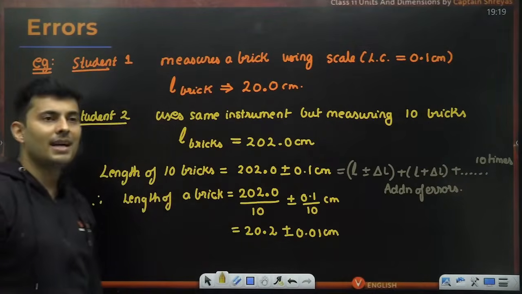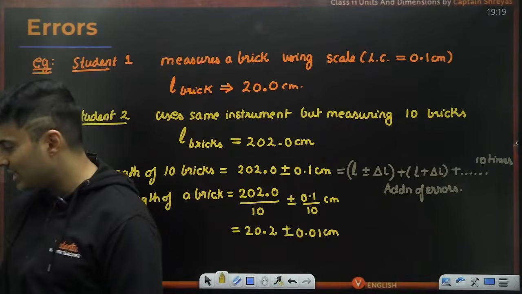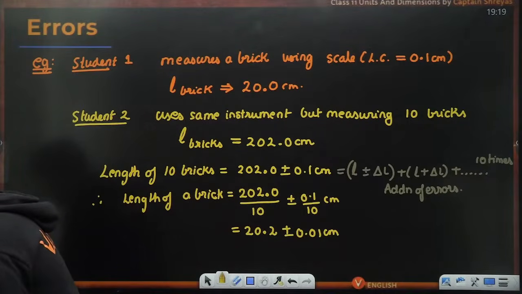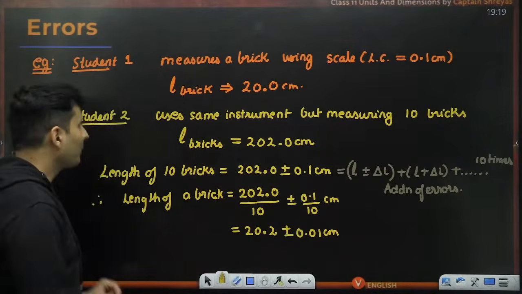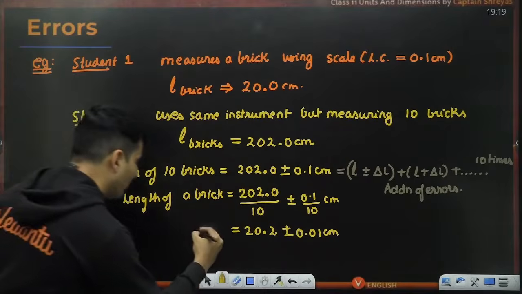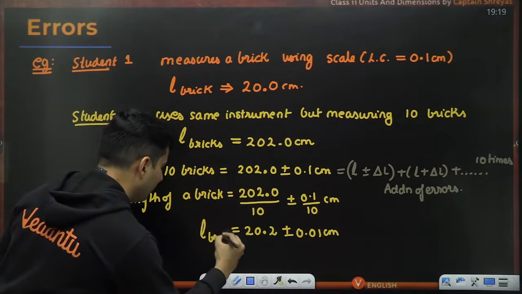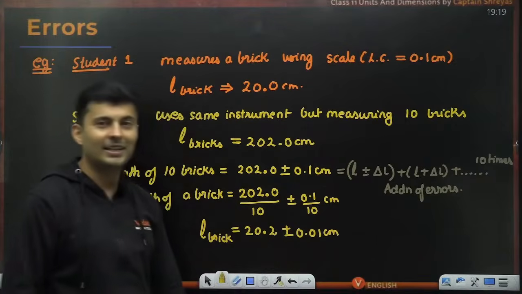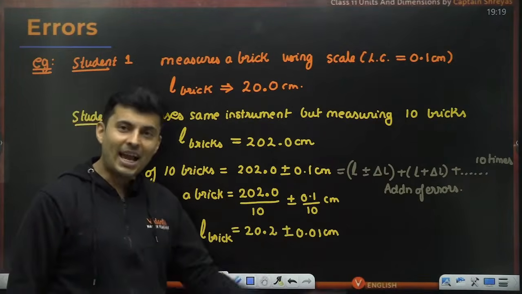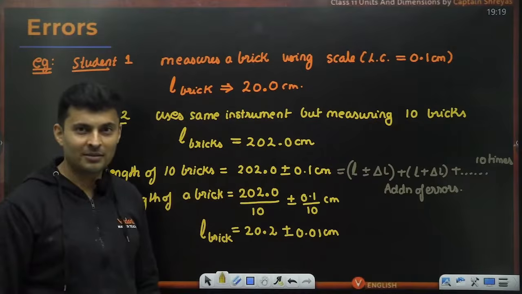Suddenly a magic has happened. But he did it for 10 bricks and he got the error as student 1. Yes, Abhijit, I'm coming to that point. That is where the wow factor is. When the second student measures the length of a brick, the funny part is he ends up getting till the second decimal. That means he is more accurate than the first student.